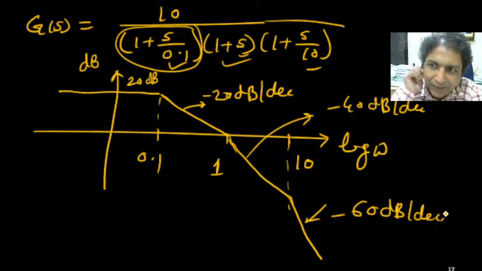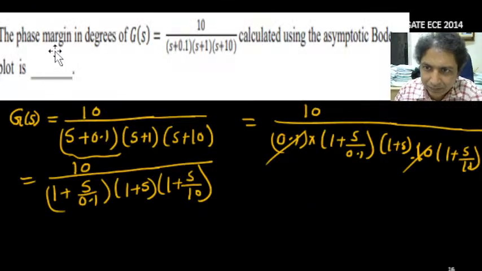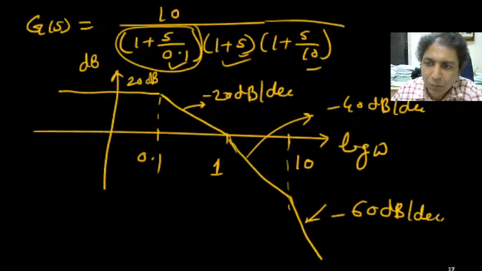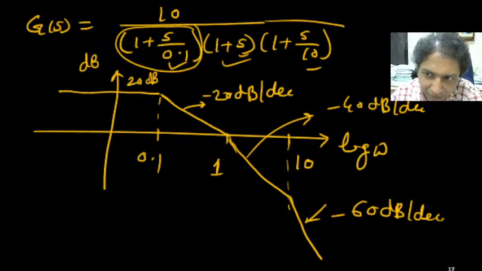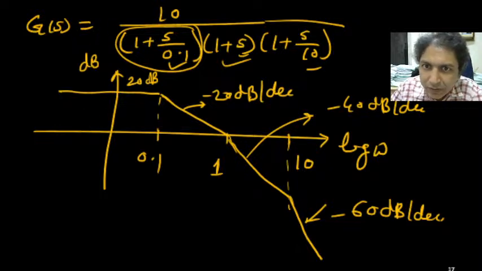So what is the gain crossover frequency? Because you need to find the phase margin. Phase margin means at which frequency the gain will become 1. That gain crossover frequency you need to find out. At that gain crossover frequency you will find the phase, then you will find the phase margin. Okay, so you can see here this is your 0 dB line, and the 0 dB line means gain equal to 1.